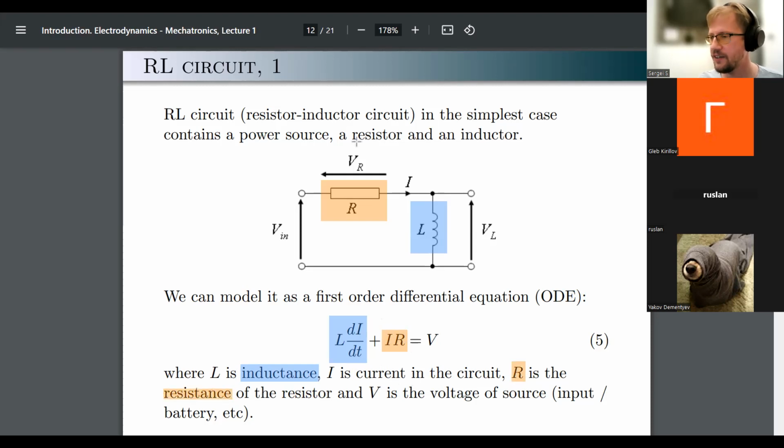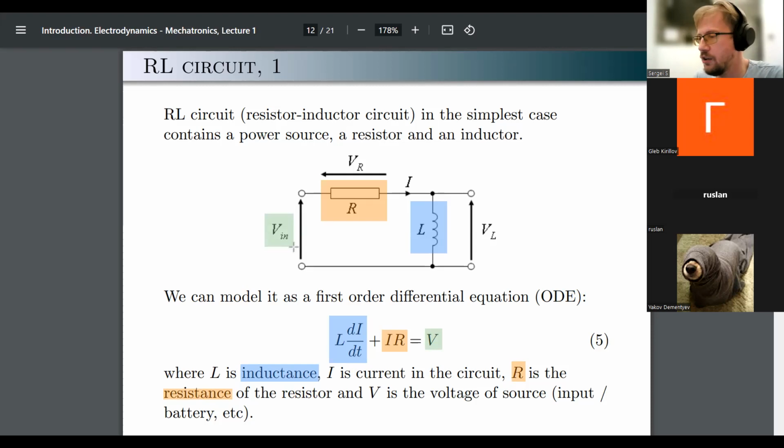And finally, here, V is some kind of input. You can think about it as a battery, but a battery is not a very good analogy, because a battery usually produces constant input, and we're not going to think about constant inputs usually. Input can change with time. You can think about it as a driving voltage, something you input to the system.